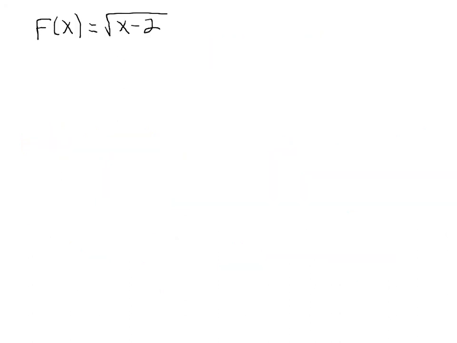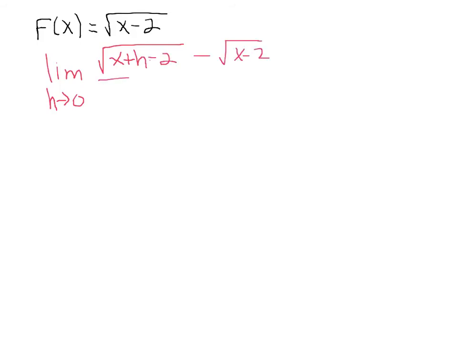Alright, so let's try one that's not a linear function. Okay, so we want to take the limit as h approaches 0 of f of x plus h, which would be the square root of x plus h minus 2, minus f of x, divided by h. Okay?